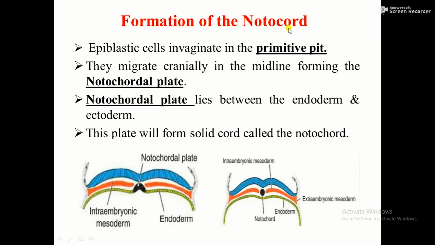Okay, let's come to a structure we call the notochord. We did not explain the notochord in the practical; we left it for the theory so you get the detail, and the practical stays brief. So formation of the notochord happens in the primitive pit. Remember the primitive pit?